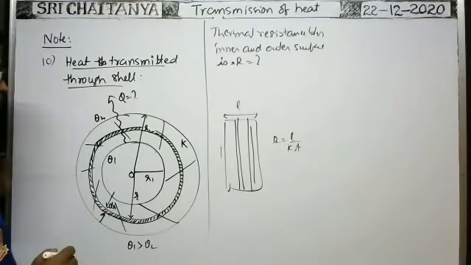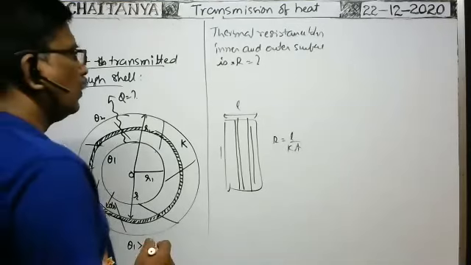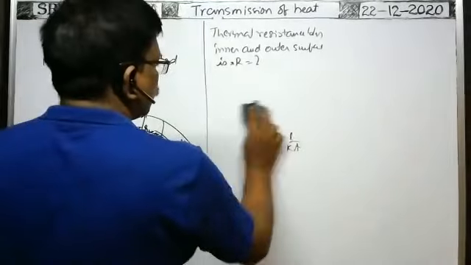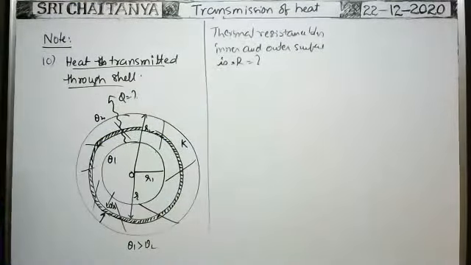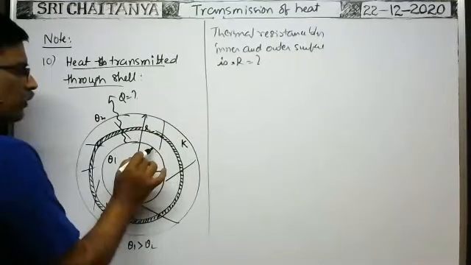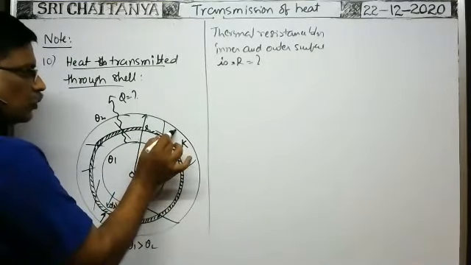Now, what is the heat energy transmitted through this element? Whenever the temperature difference is maintained, whatever heat energy is transmitted through one surface is the same heat energy transmitted through the next also.